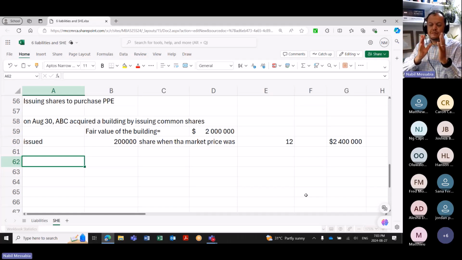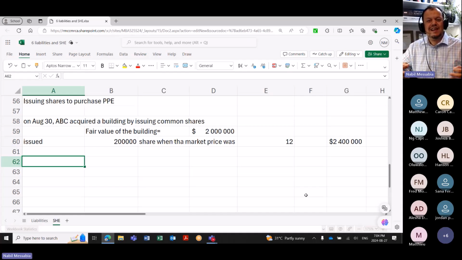So I have two values. A fair value that is assessed by an appraisal. 2 million is the assessment of an expert subsequent to an appraisal. And I have another fair value which is assessed by the market. So the rule is I take the most reliable fair value.